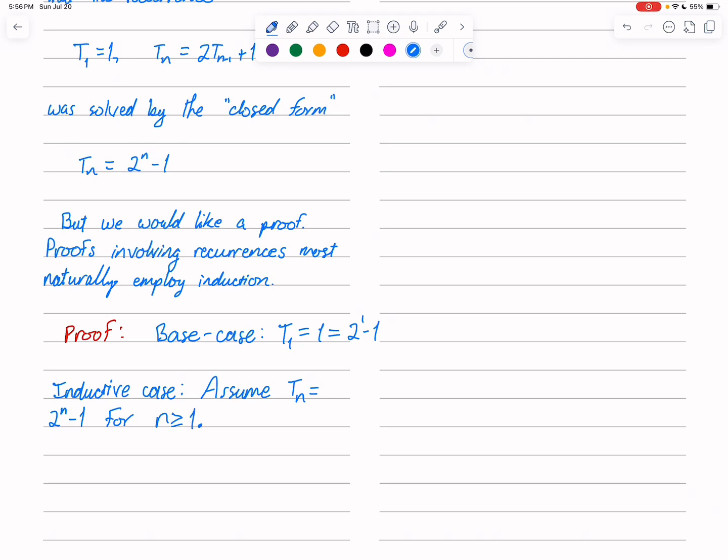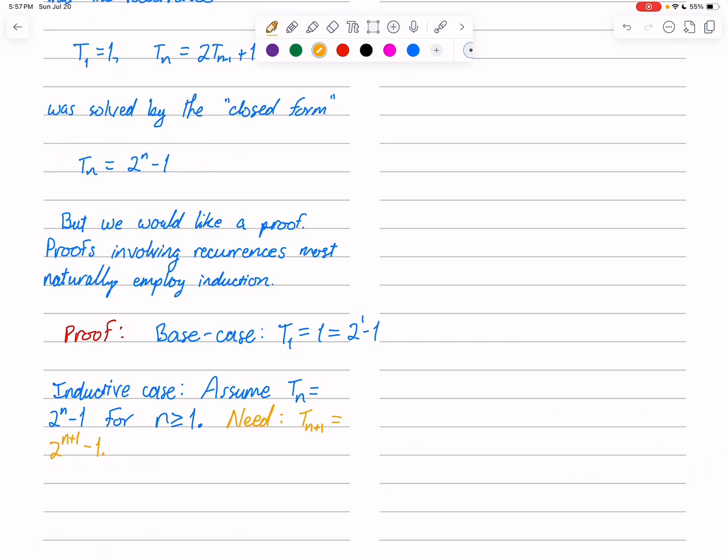And then what we would like to prove, and maybe I'll make this a note because we don't have it yet, is that t sub n plus 1 satisfies the claim. That would mean this whole formula works when n is set to n plus 1.